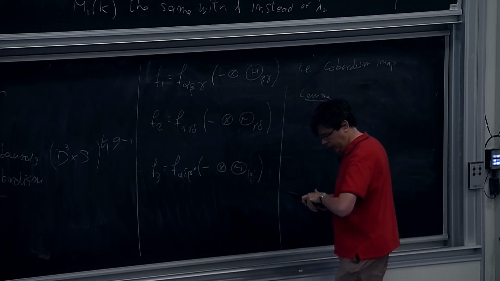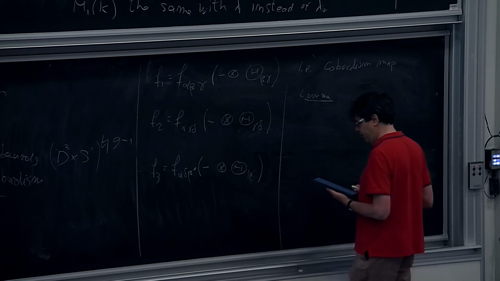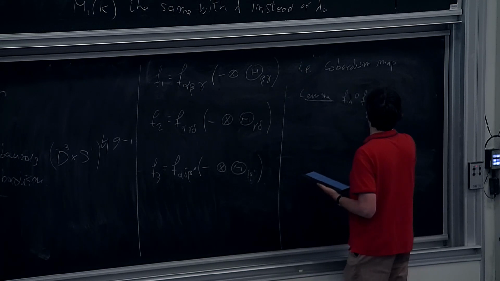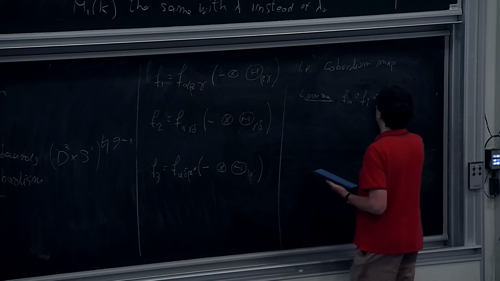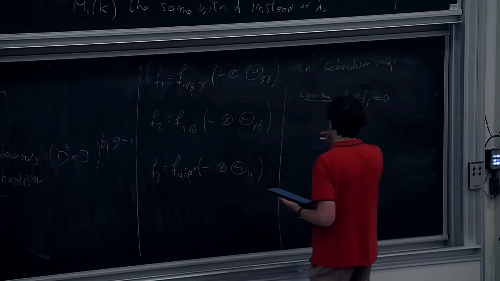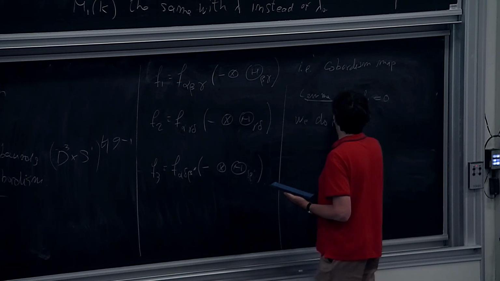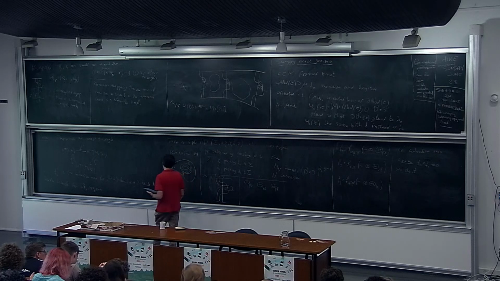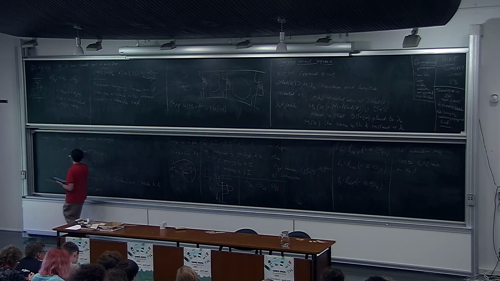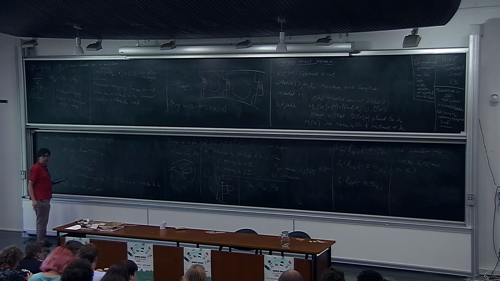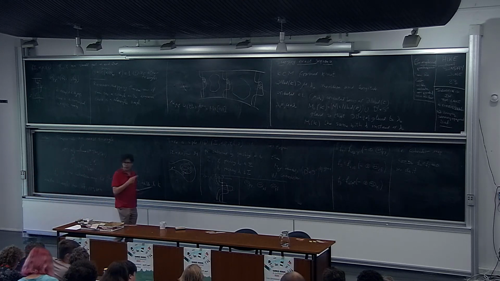We will see what I can prove before it's time to go to lunch. That F i plus 1 composed with F i is the zero map. There is a kind of symmetry in the diagram, so it's really enough if we do it for one of these three groups, and the same proof will apply to all the other ones.